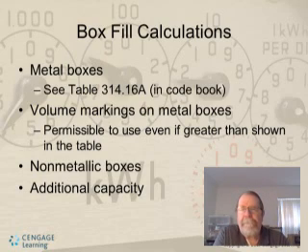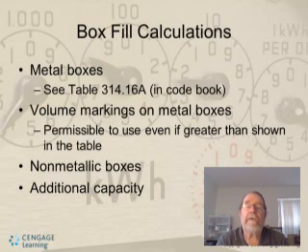And then the volume markings on the metal boxes, you're permitted to use these. Okay, volume markings on the metal boxes. They're permitted to be used even if they're greater than shown in the table. There are some conflicts with the table.